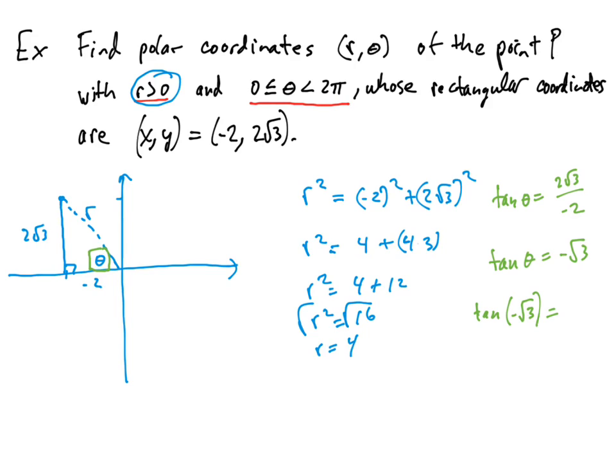We want an angle in radians, because again, that's what the restriction here is giving to us. And that angle is 2 pi over 3. That's just coming from the unit circle. So when we convert -2 comma 2 root 3, those coordinates r comma theta are going to be 4 comma 2 pi over 3.